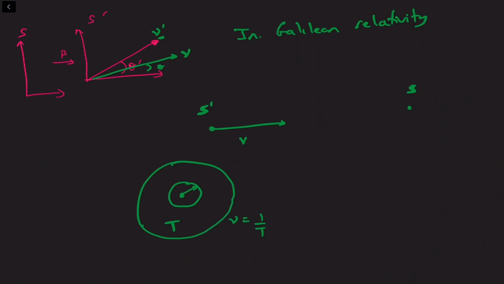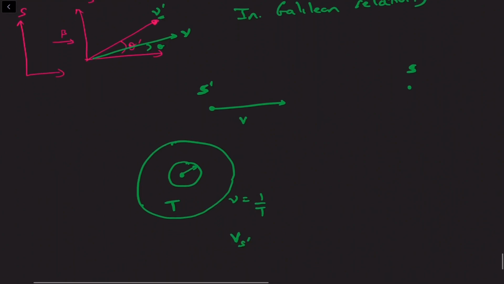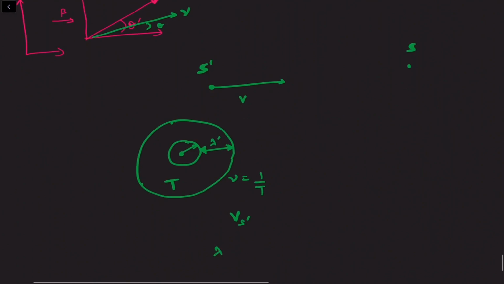with a speed which we'll call vs prime, and therefore the spacing between these wavefronts would be some lambda prime, and lambda prime times, let's call this, nu prime t prime times nu prime would be vs prime.